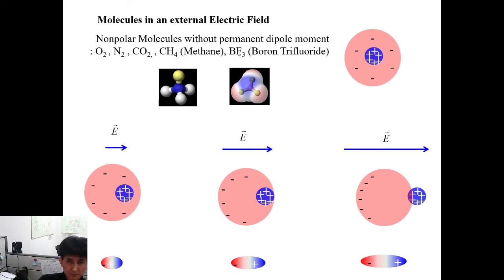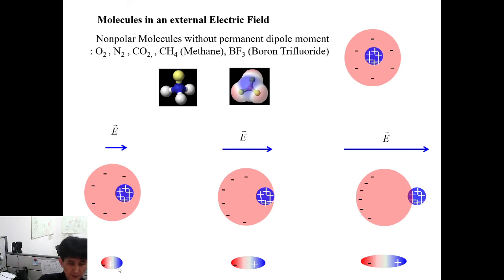But if I apply an electric field, the center of the electron cloud and the center of the nucleus of the atom are separated like this. The displacement of these two charges is proportional to the electric field applied to it. If I apply a medium electric field, the separation is small.